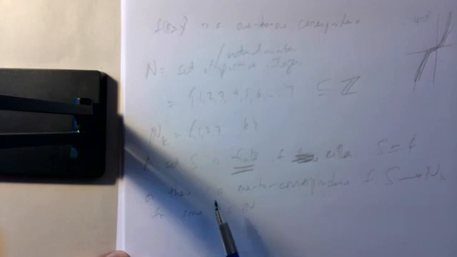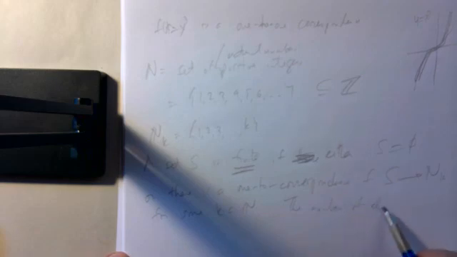So if you have a set S, and if there's a one-to-one correspondence between the elements of the set and the first k integers, it's called a finite set. And we say that the number of elements of S, which is also called the cardinality, is k.